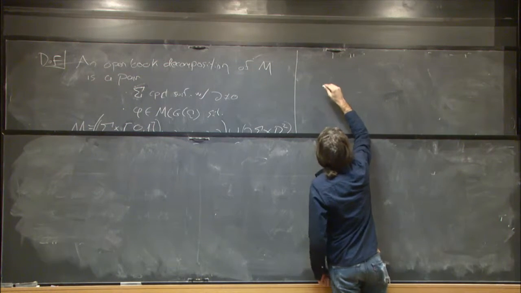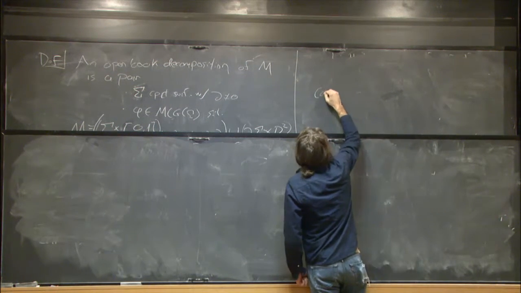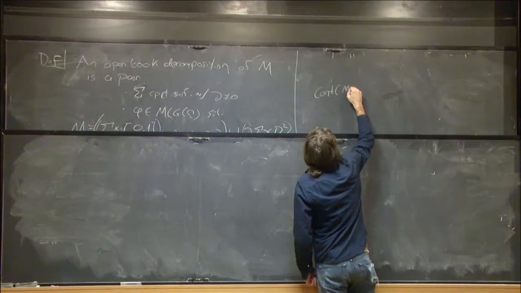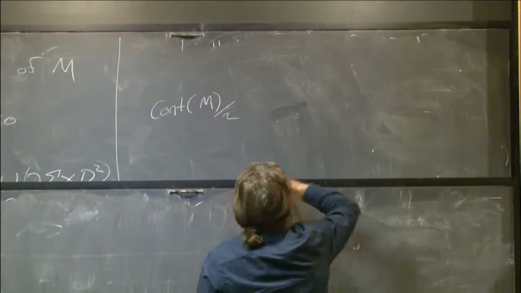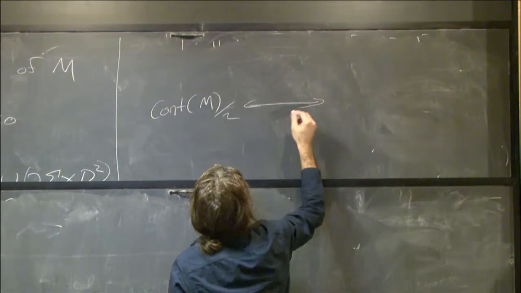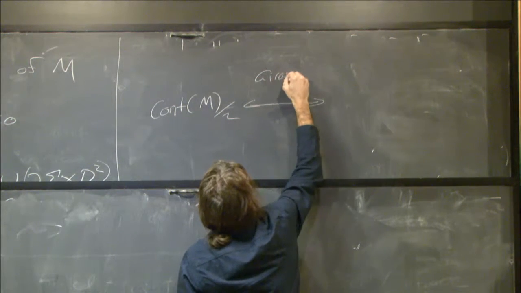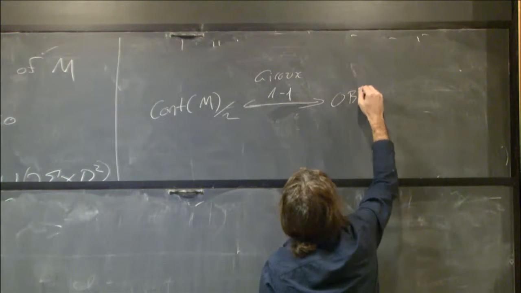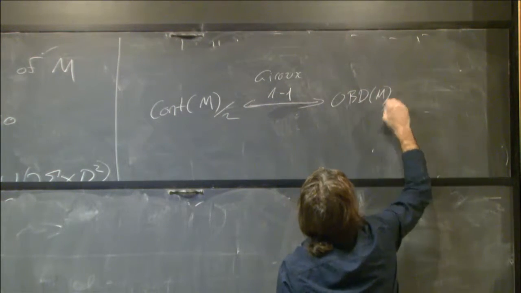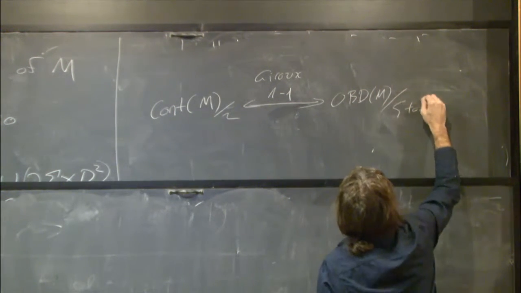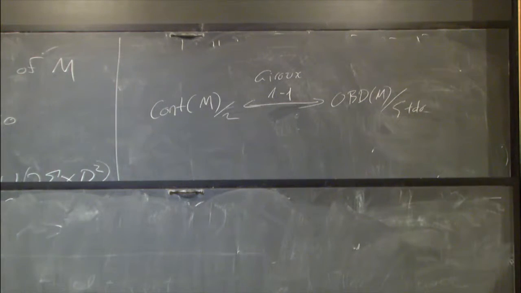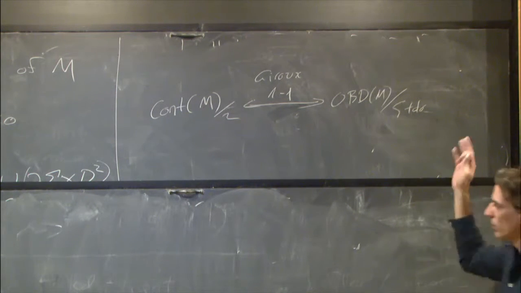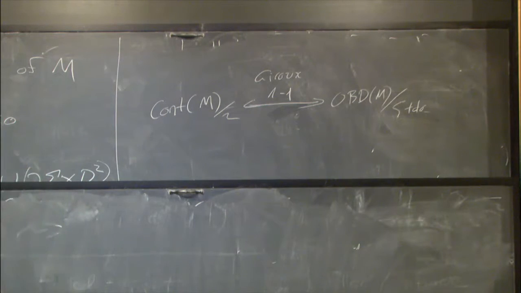Of course, there's this theorem of Giroux, which tells us that contact structures on a manifold M up to isotopy are in one-to-one correspondence with open book decompositions on the manifold up to a stabilization operation that I might say something about later. This is the Giroux correspondence theorem.